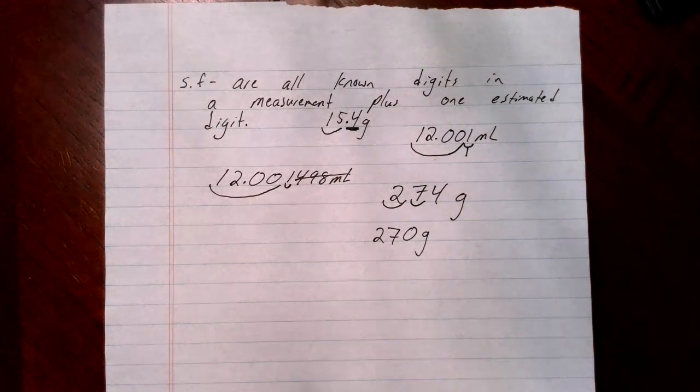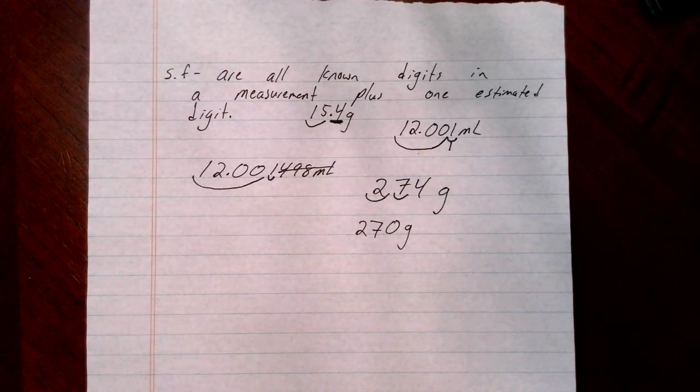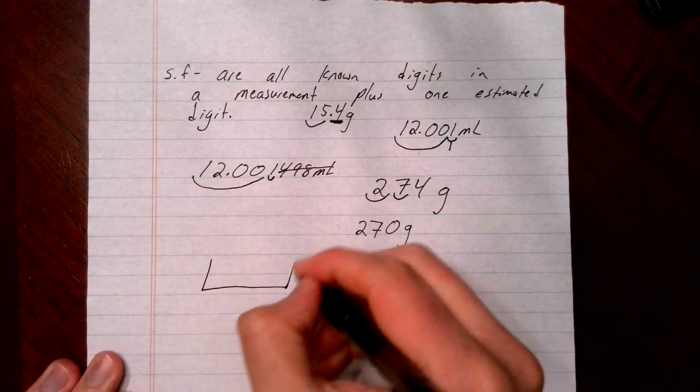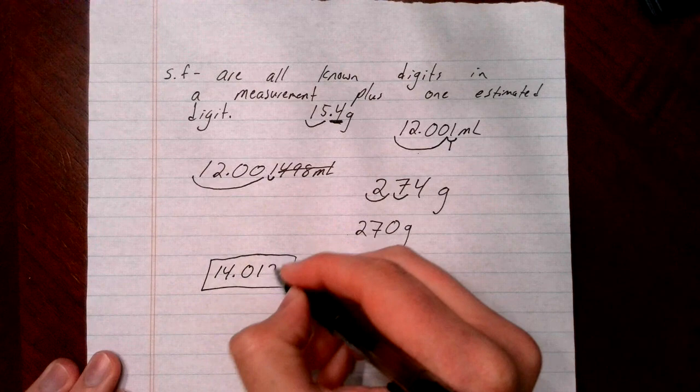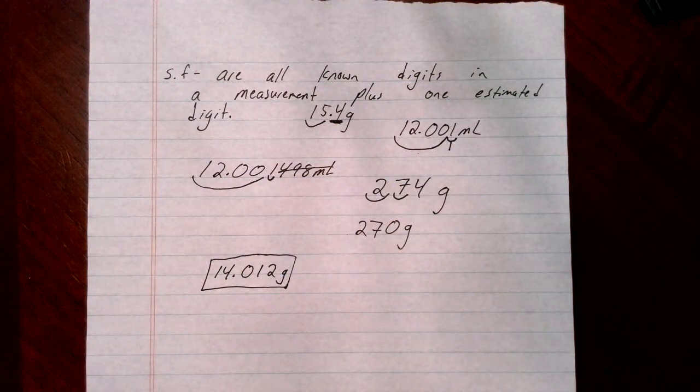So when we record data, it's our responsibility to ensure that we record all the known digits of a measurement plus one estimated digit. For our digital equipment, such as the balances in the lab or digital thermometers, the equipment does that for us. So if the digital balance reads 14.012 grams, that's what we record.